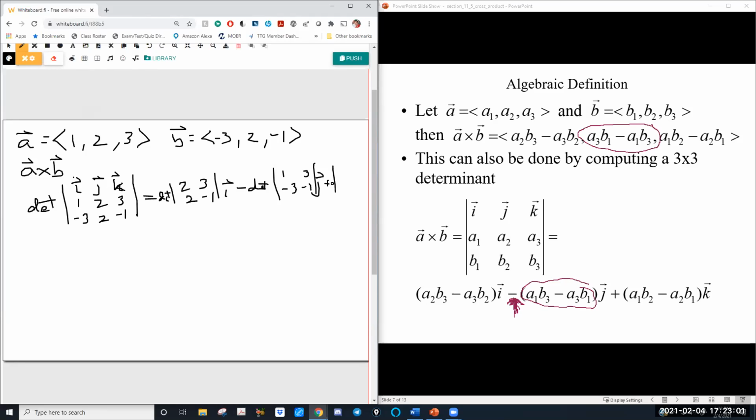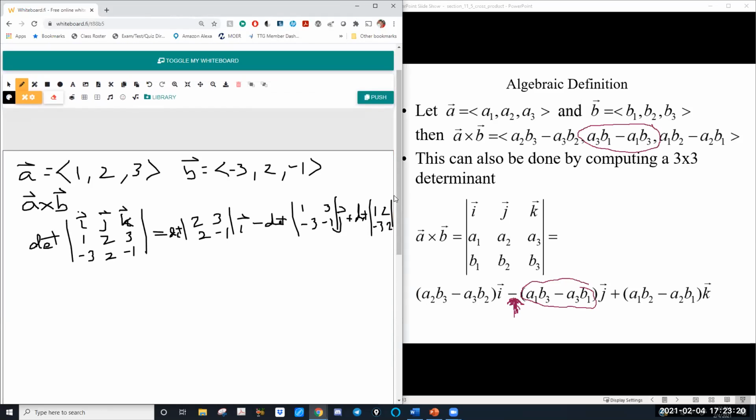And then the last one is the determinant of, now it's going to be times K. So 1, 2, -3, 2. Let's see, I should have a little bit more room if I slide this over. No, I don't. Oh, geez. Sorry, guys. That K should have been, I should have had room for that. My whiteboard skills are so-so, as you can tell.